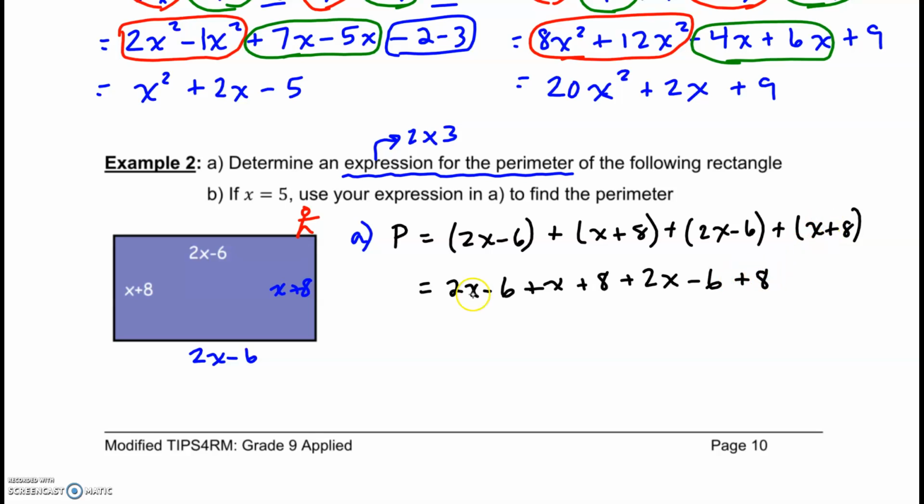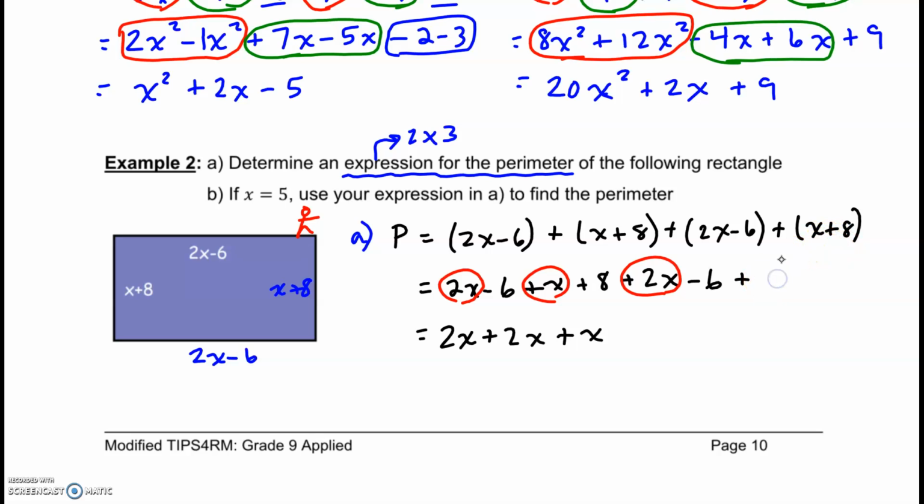Okay, now let's put our like terms together. We'll do our organizing. So 2x plus x plus 2x. And then the rest are all my constants. So let's put those x's together. 2x plus 2x plus x. I just realized something, guys. Let's back it up to this x plus 8.